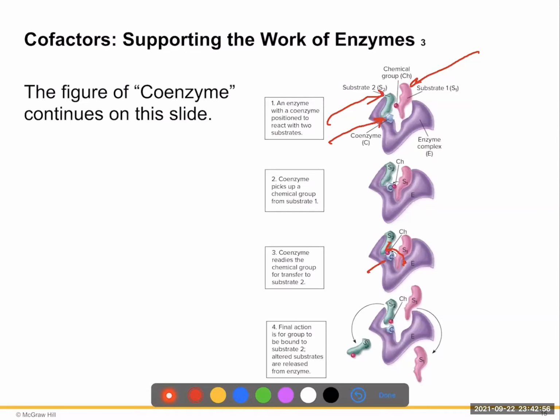Then they're released and the modified product is now released. The new modification, the little red dot, is on substrate 2 instead of substrate 1. So it catalyzed the reaction to move that functional group, whatever group it was, onto a different substrate that the body needs.